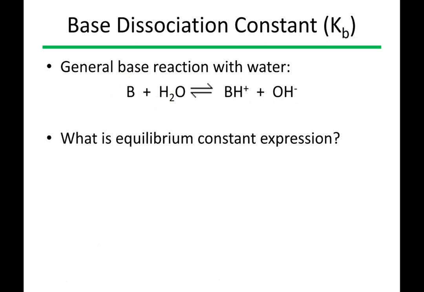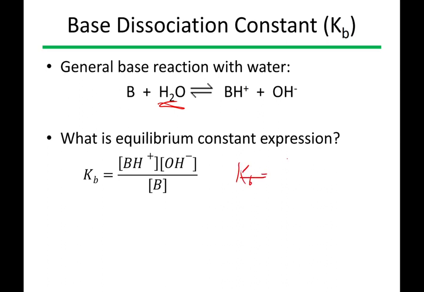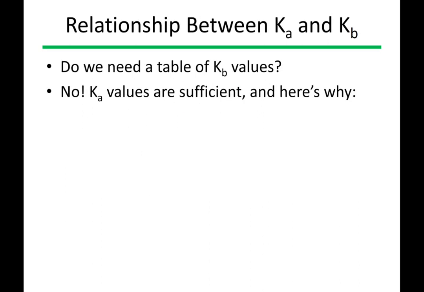The equilibrium constant expression for this is the products over the reactants. Again, we leave water out because it's just a solvent. If we were to write this using the other notation, this would just be the conjugate acid of that base times hydroxide over the concentration of the base itself. And this Kb is the base dissociation constant.